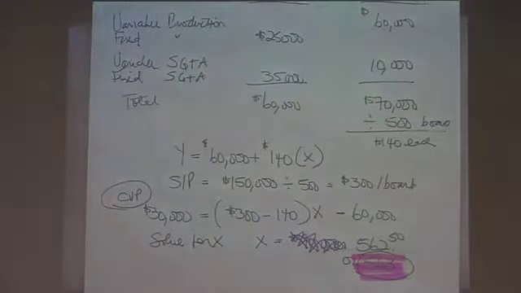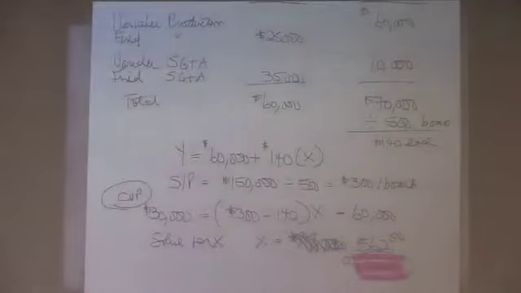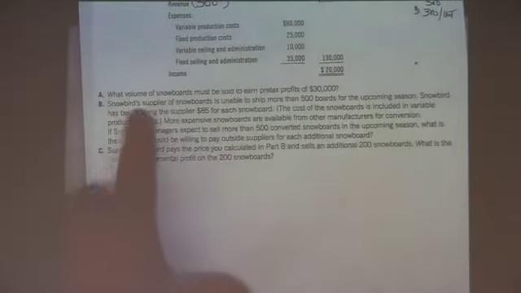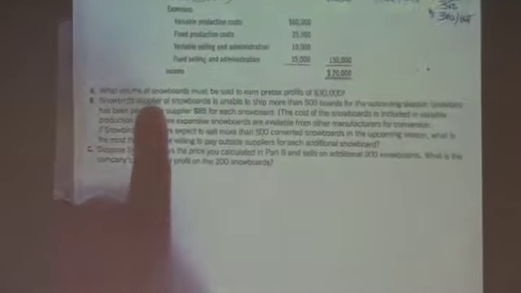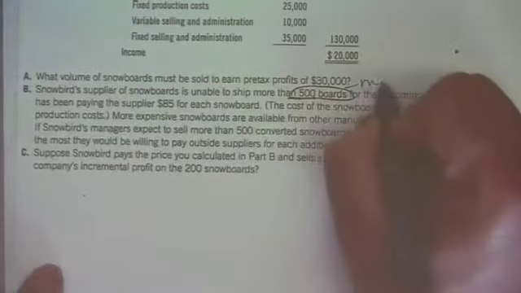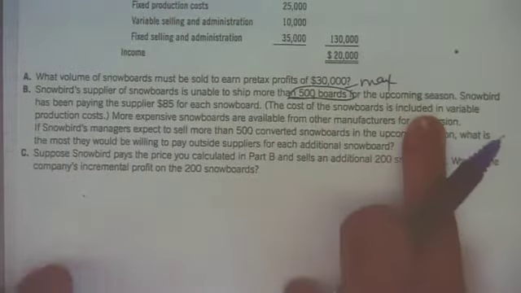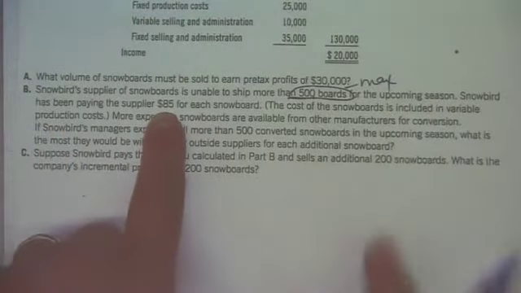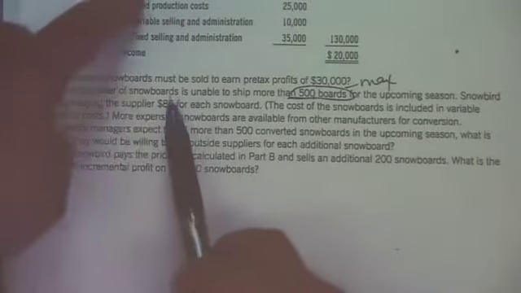Okay? Now, part B says, Snowbird's supplier of snowboards is unable to ship more than 500. So that's the max for the upcoming season. Snowbird has been paying the supplier $85 for each snowboard, so that would have been part of the variable production.